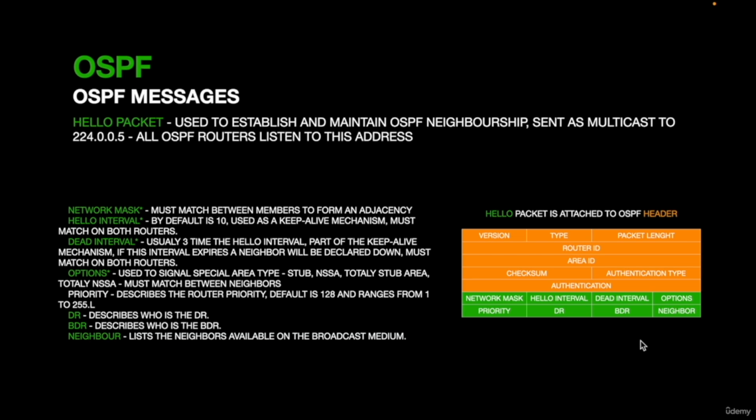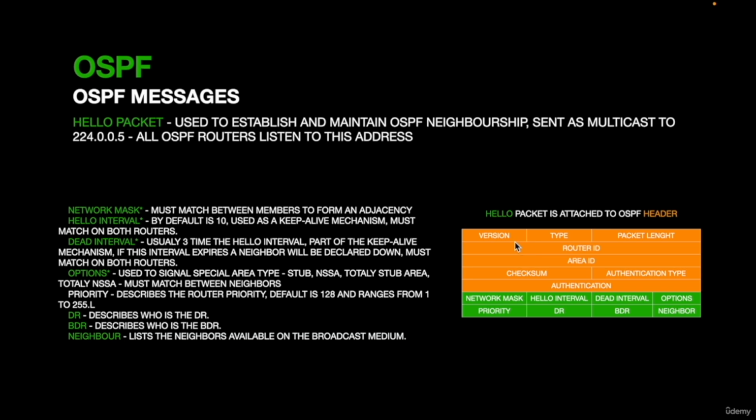Here we have the hello packet and what it contains. The area with orange is the OSPF header, and it will be the same for all OSPF messages, and the green area is representing the fields which are characterized by a hello packet.